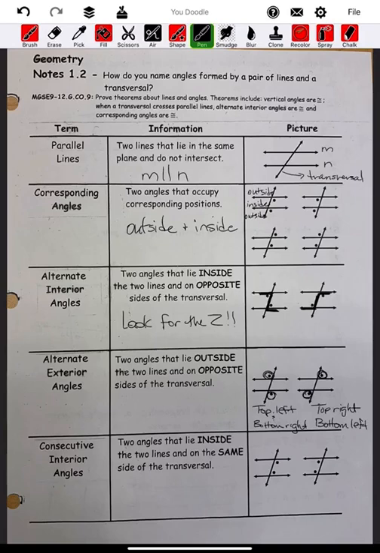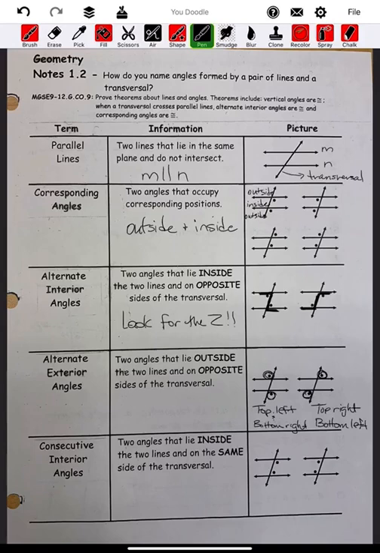Okay, the last angle we're going to cover today is consecutive interior angles. These are two angles that lie inside the two lines and on the same side of the transversal. So they're both inside and on the same side. Look back at alternate exterior angles. You see how one was on the left and one was on the right?